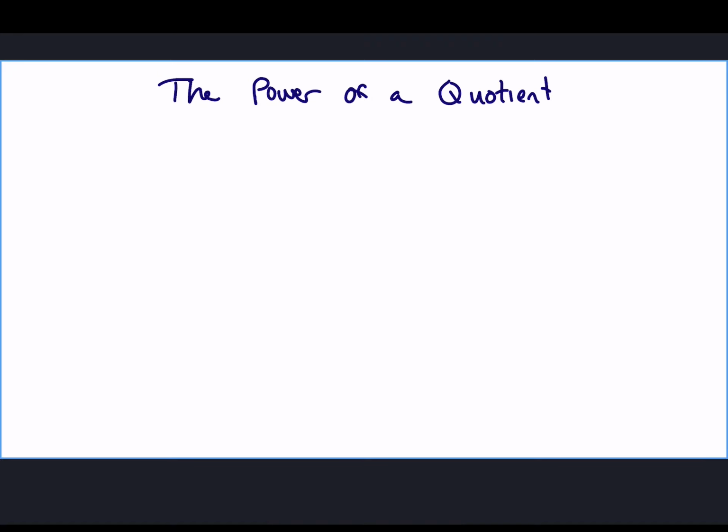The power of a quotient. So I want us to consider the expression e to the negative 2 power times f squared raised to the 7th power.